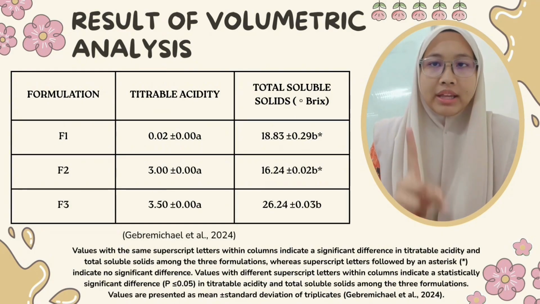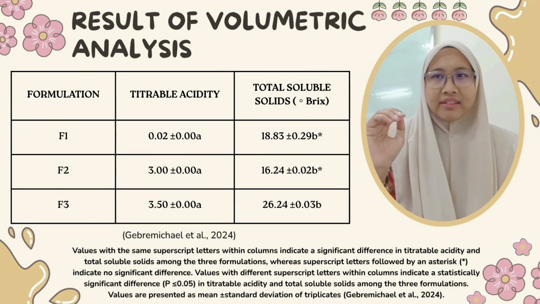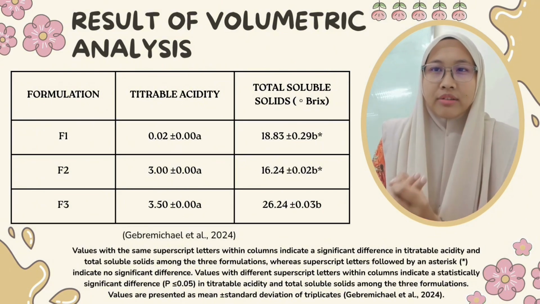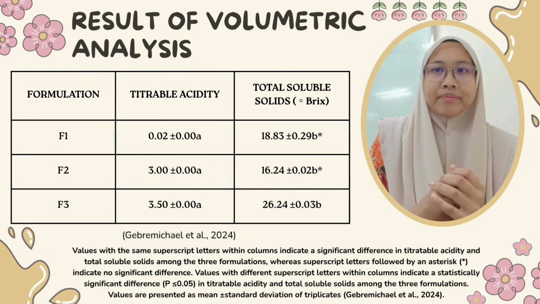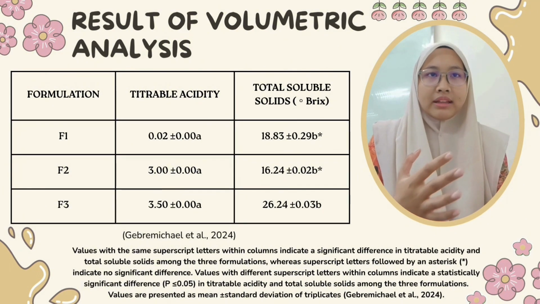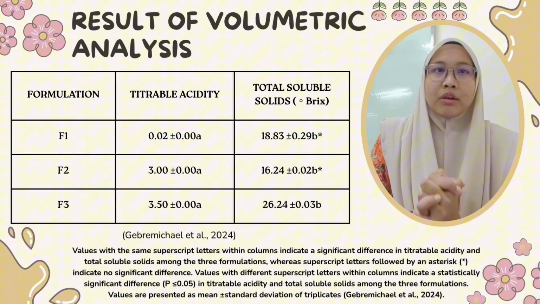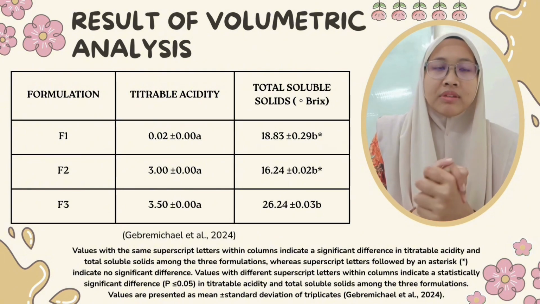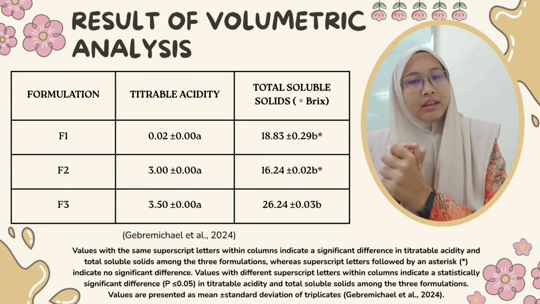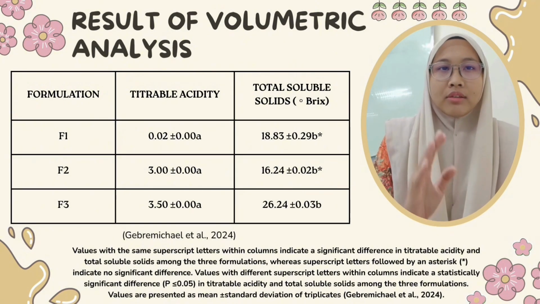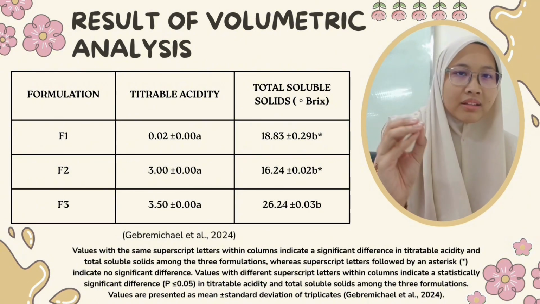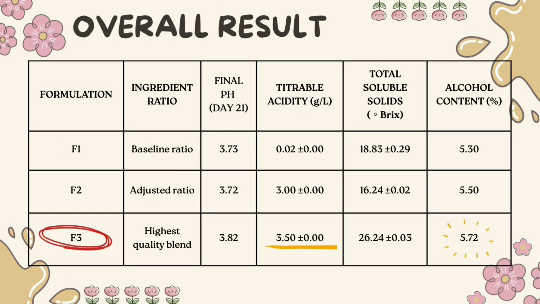While formulations 1 and 2 struggle slightly with lower acidity baselines, formulation 3 emerged as the clear winner across every single chemical parameter. If we look closely at the result of the volumetric analysis, we can see that formulation 3 has the highest titratable acidity, which is 3.50 ± 0.00, and the total soluble solids, which is 26.24 ± 0.03.